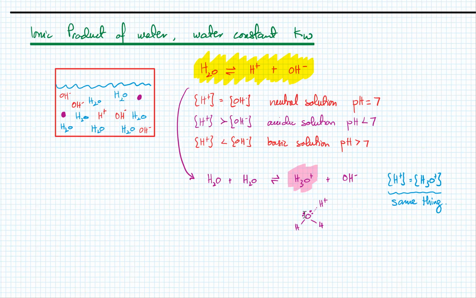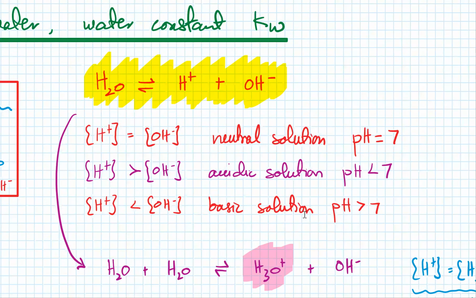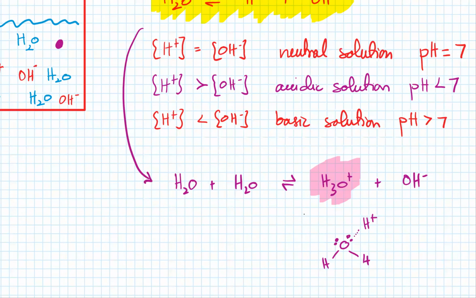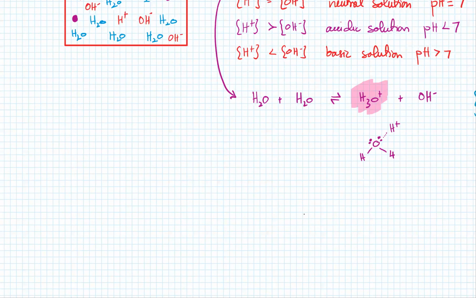The next part is, what do we do with this? Now the idea is that when you have a solution, water would ionize, and it would ionize very little. The concentration of water would be... let me write it down below.